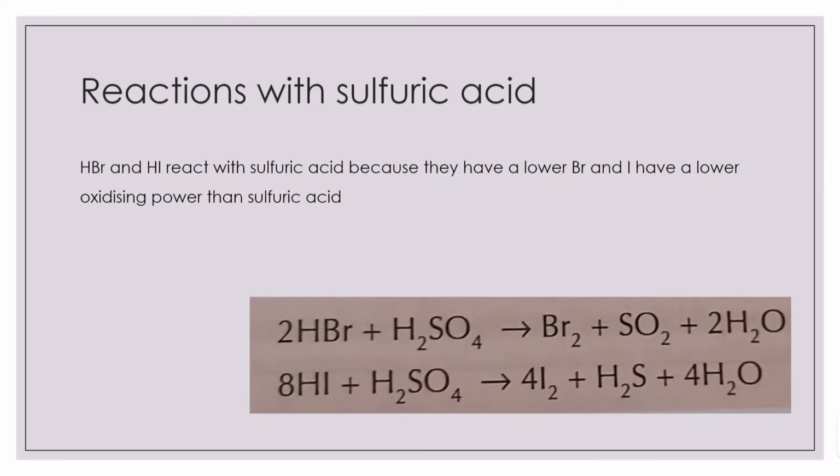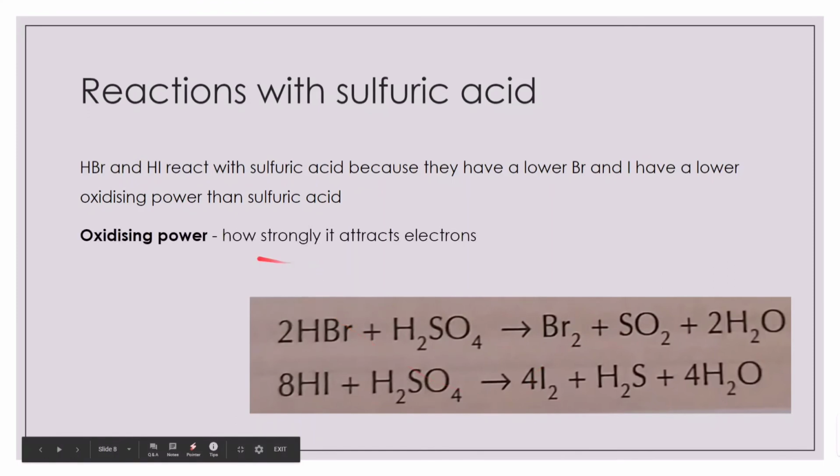As you can see here are our equations for hydrogen bromide and hydrogen iodide reacting with sulfuric acid. Because bromine and iodine have lower oxidative powers, the sulfuric acid can actually take these electrons from our hydrogen halides, forming their natural states of bromine and iodine.